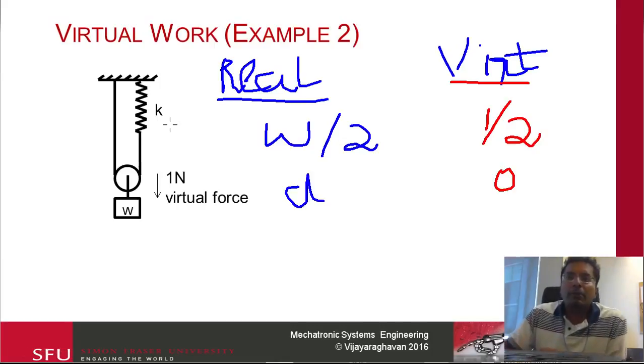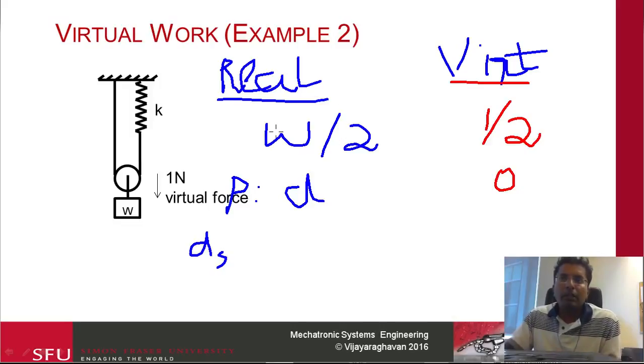So if the spring constant is k, this is the distance of the tip here, so this is for the P. So let's see, d sub P would be our displacement of the spring, or d sub S. Because of this W over 2, the spring would have deformed by W over 2 divided by K.